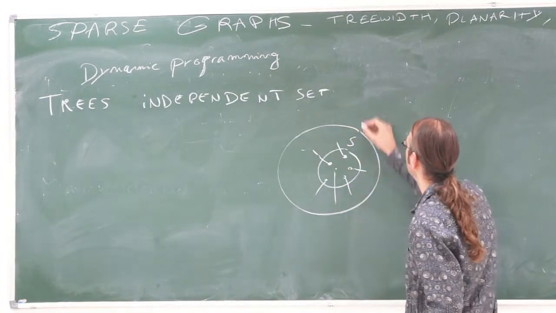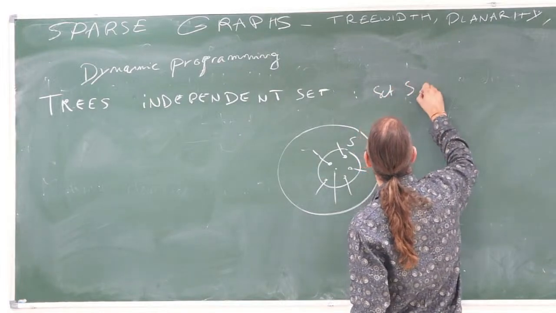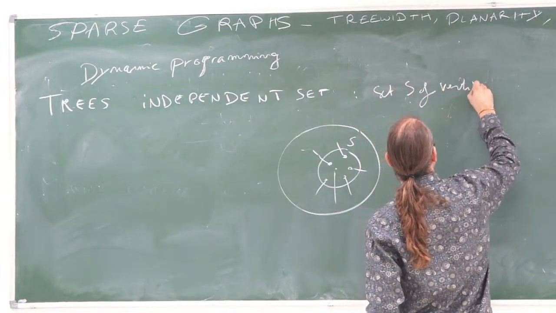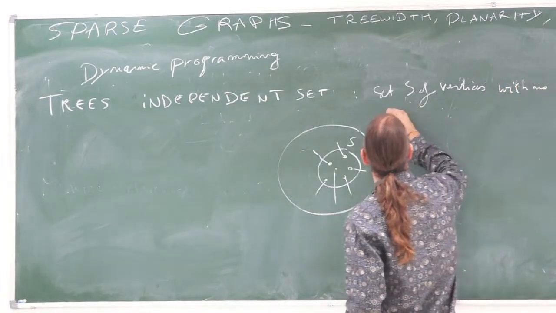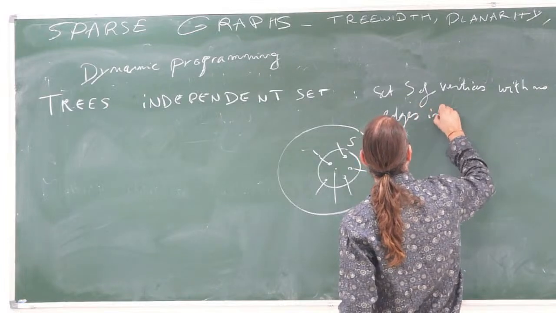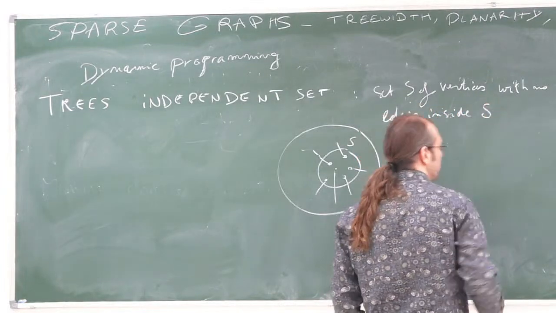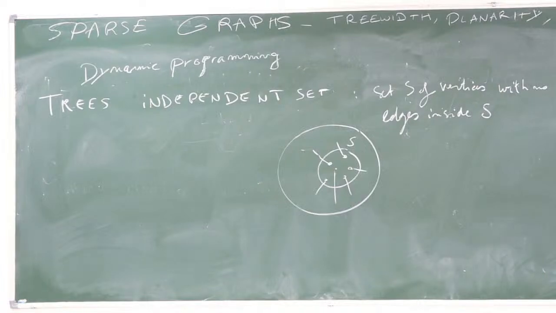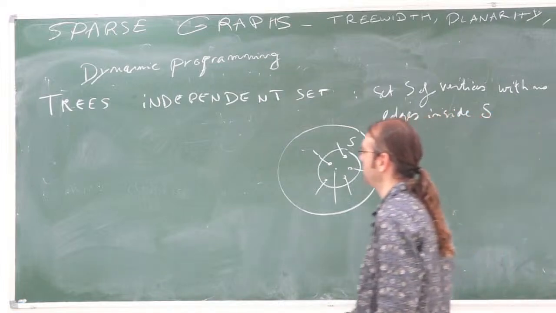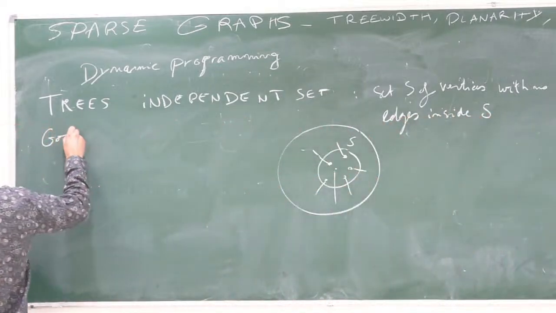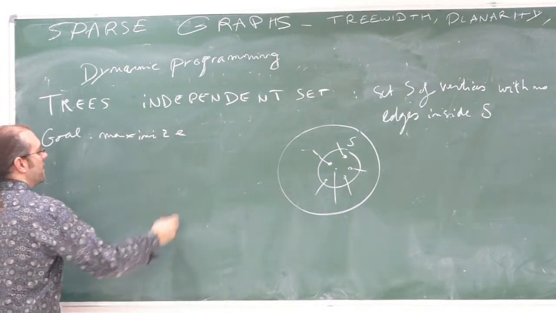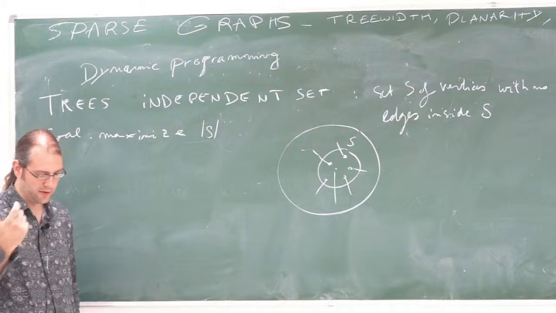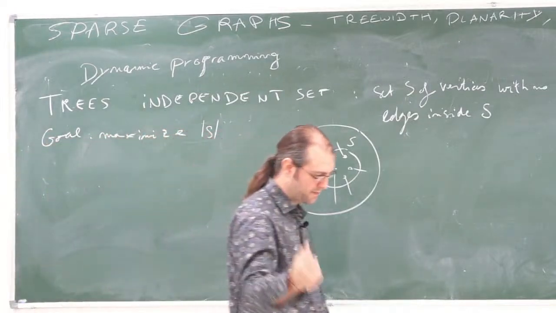Independent set: a set S of vertices with no edges inside S. So, for example, if you take an empty set, this is an independent set. So, of course, we want to find a large one. So the goal is to maximize the size of S. So we are looking for the largest possible independent set. Okay.